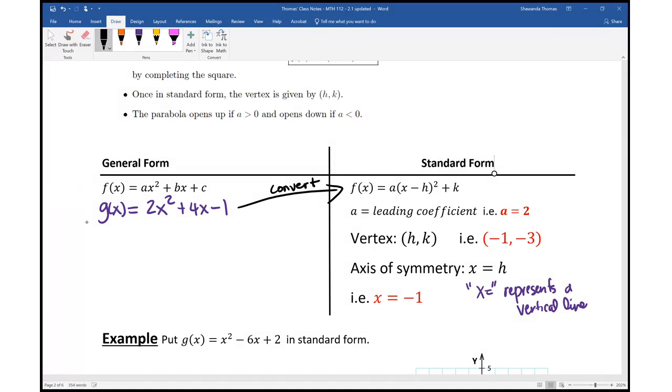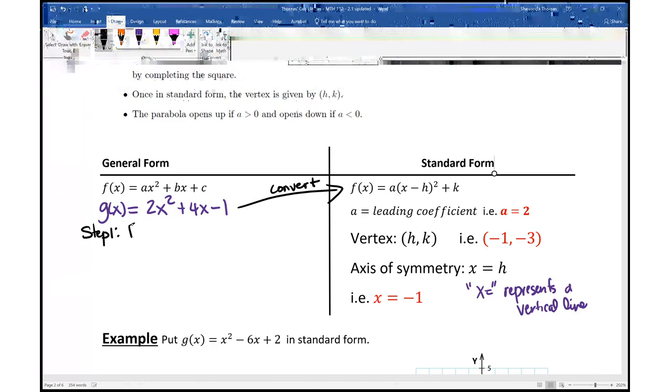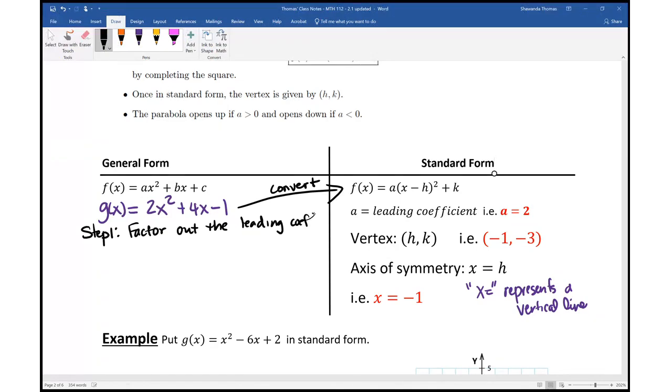All right, so step 1, factor out the leading coefficient from the first two terms. So here we go. We're factoring it out.